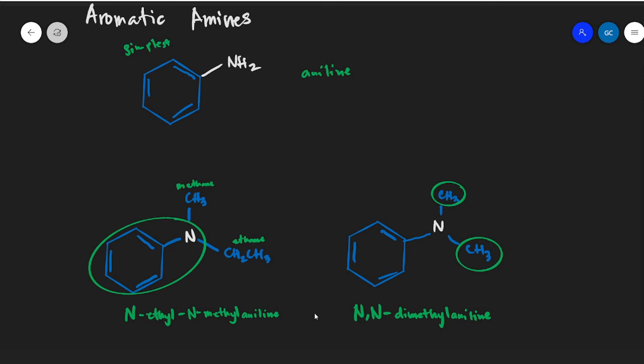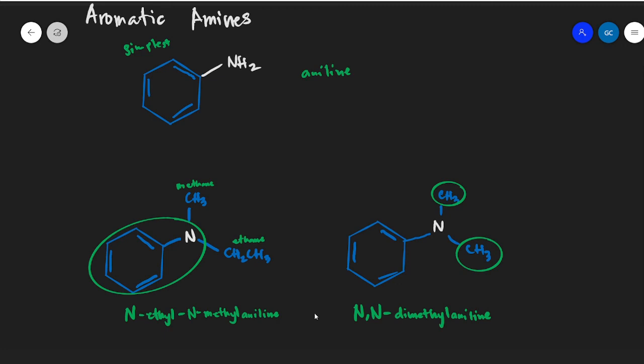We just need to consider its simplest form, our aniline. If you have your aniline, that is considered a primary amine. In cases of secondary and tertiary aniline, you will just say that those R groups are attached to our nitrogen. Therefore, that is the system of naming.